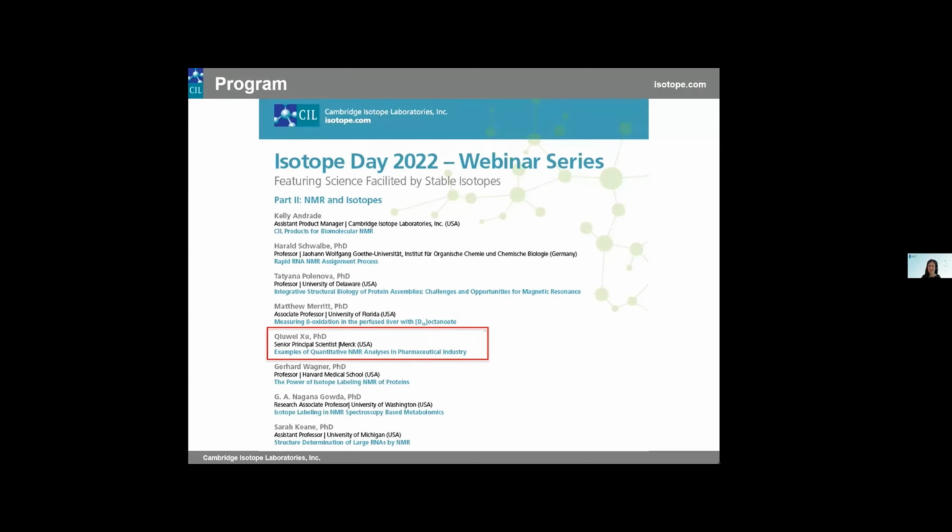The endogenous metabolite identification is facilitated by an NMR reference library of about 800 endogenous metabolites and software for batch processing of metabolite identification and quantification. He has published numerous papers in methodology and application of quantitative NMR for metabolomics and vaccine research and development. Today, his talk is entitled Examples of Quantitative NMR Analyses in Pharmaceutical Industry.